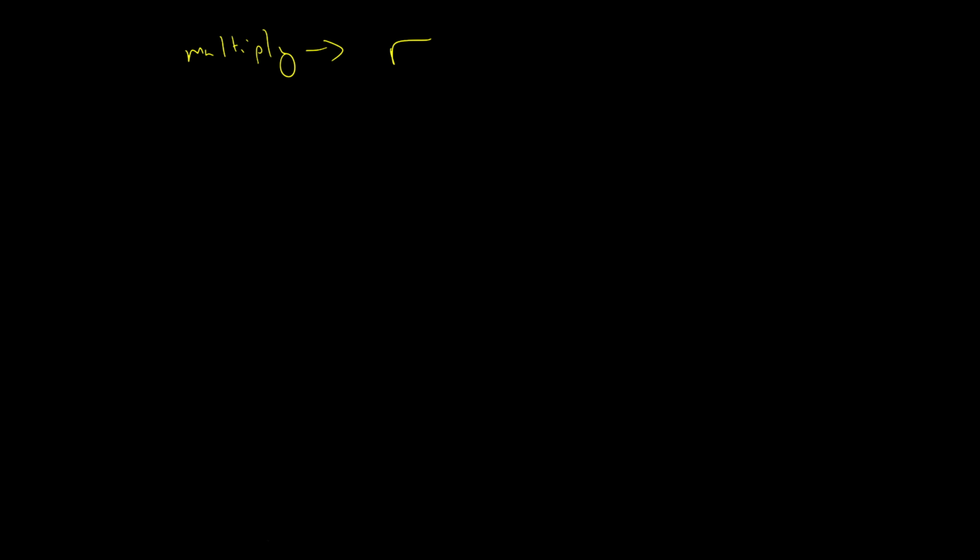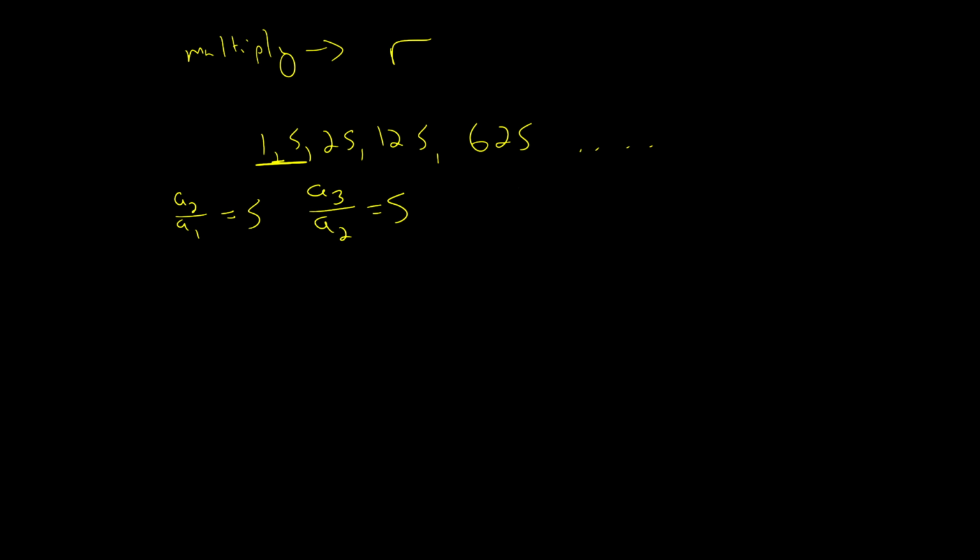So for example, here's a sequence where if I take the first two terms and I take a sub 2 and divide it by a sub 1, I get 5. If I take a sub 3 and divide it by a sub 2, which is 25 over 5, I get 5. If I take a sub 4 and divide it by a sub 3, I get 5. And so the ratio is 5.